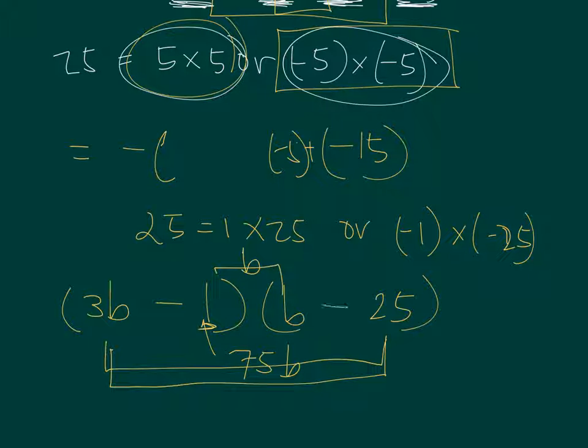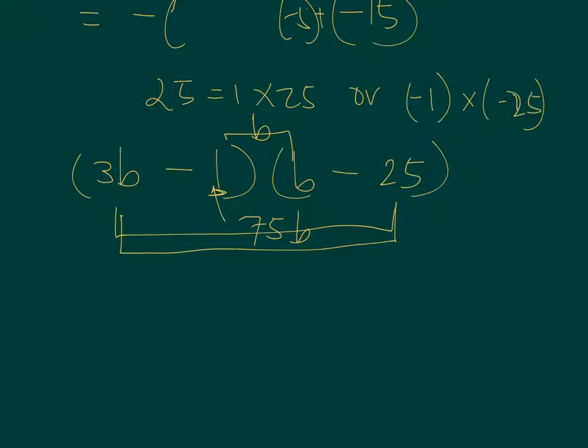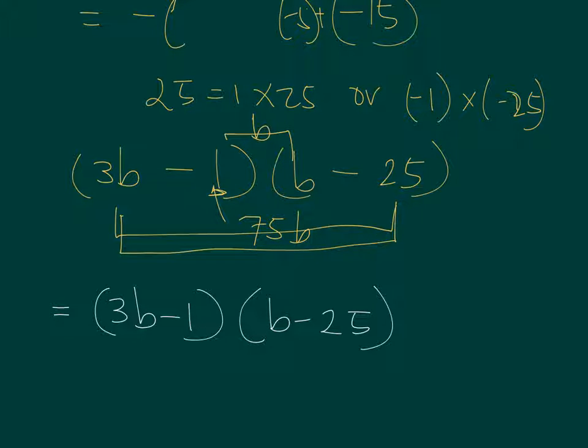So putting the correct signs for these numbers, it's minus 1 and minus 25. Then we were able to obtain the factored form, which is 3b minus 1 and then b minus 25. Okay, so you could check your work by multiplying the expression and obtaining the given expression.